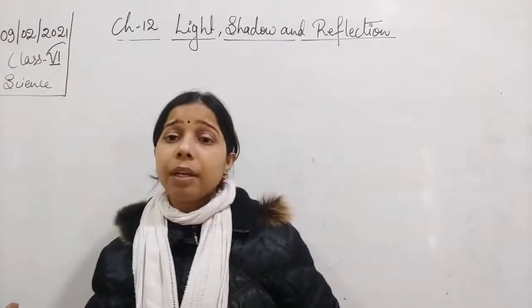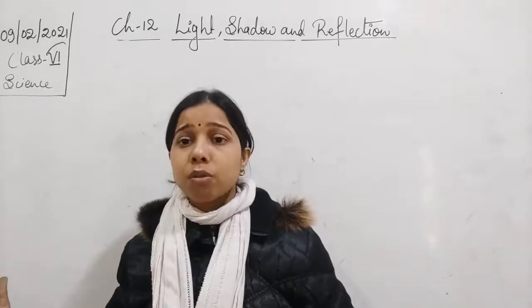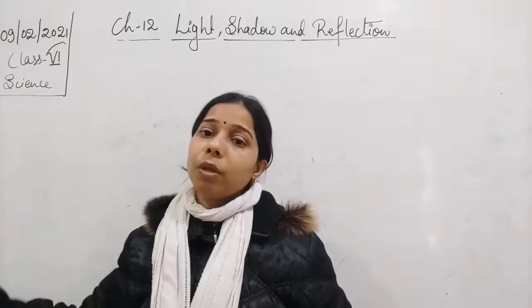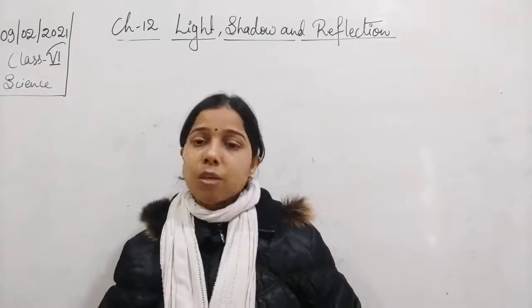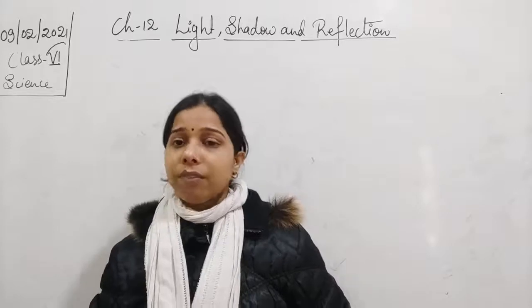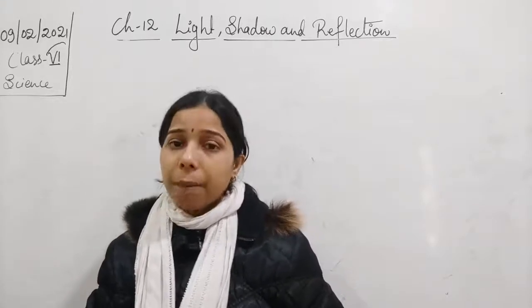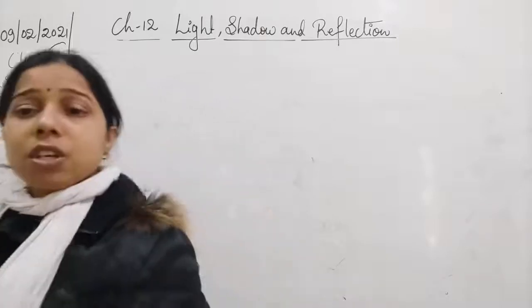So what will happen? Not only the body, it will cover the other things also. So most of the shadow will not be formed on the screen. So we can say either the source of light is very large, or if it is very small, the shadow will not be sharp, but it will be a faint shadow.